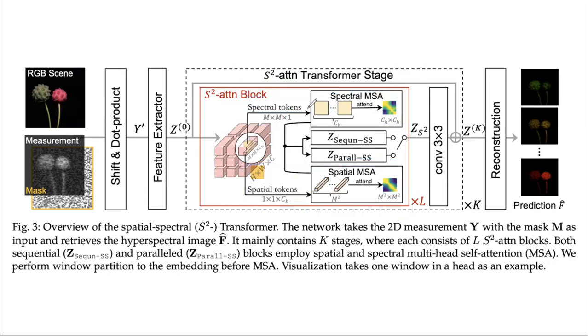And for the spectrum, basically, for each wavelength, we have a 2D map, and we want to learn how one 2D map for one specific wavelength attends to the different 2D maps across all the wavelengths.